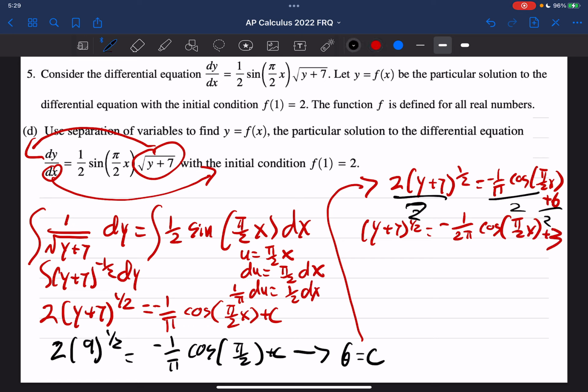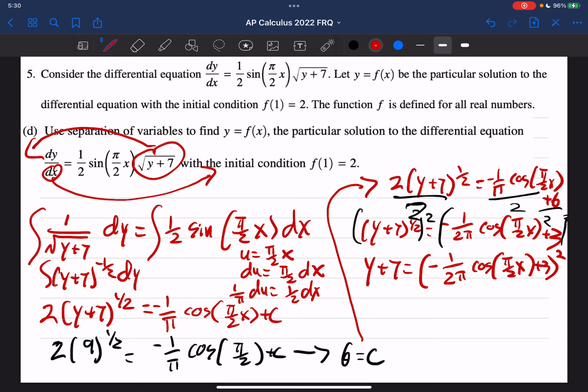Now we have to square both sides. Because we have 2 terms on the right, it's just going to be that quantity squared. And then finally, to get y by itself, we have to subtract the 7. So y equals negative 1 over 2 pi cosine pi over 2 x plus 3, squared, minus 7.